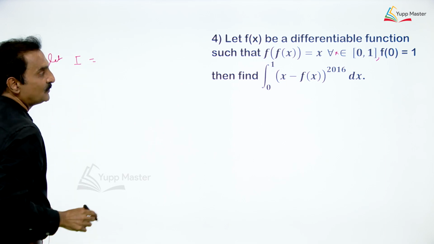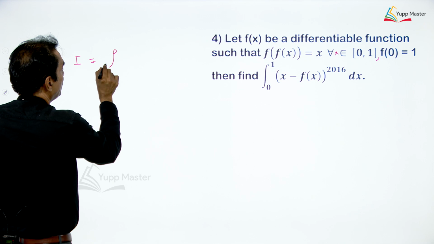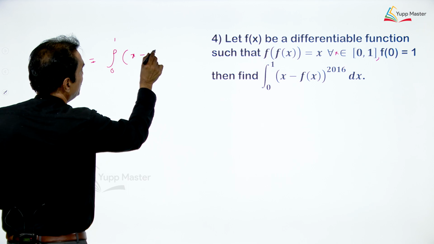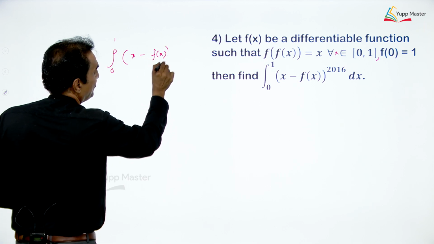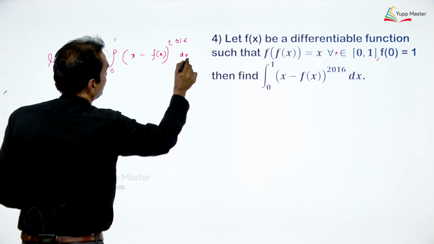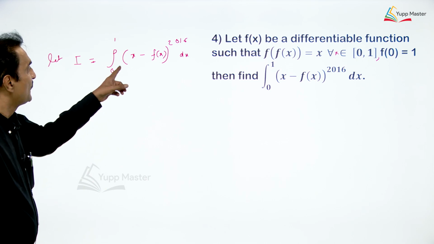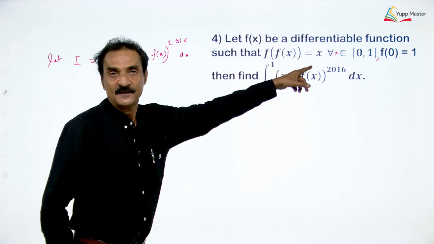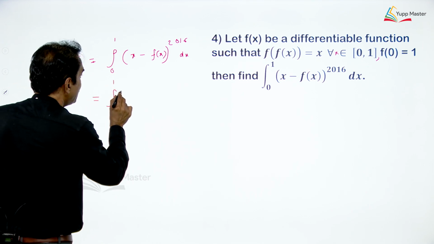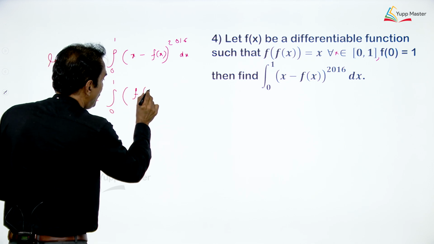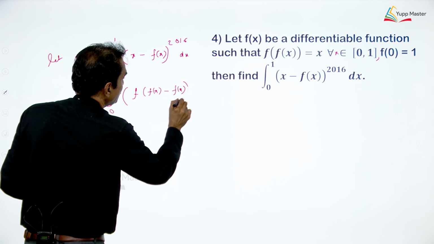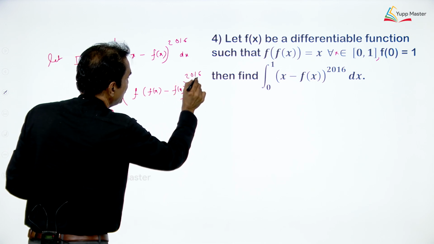Let I be equal to integral 0 to 1 x minus f of x whole power 2016. Now, replace x by f of x. It becomes integral 0 to 1 f of x minus f of x whole power 2016 dx.